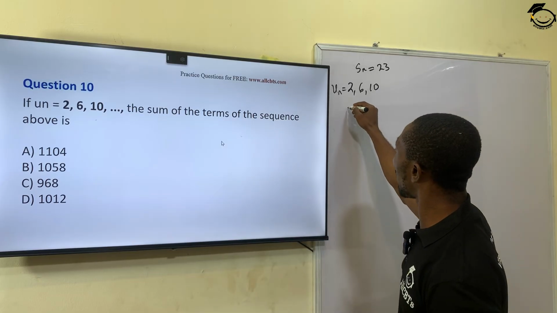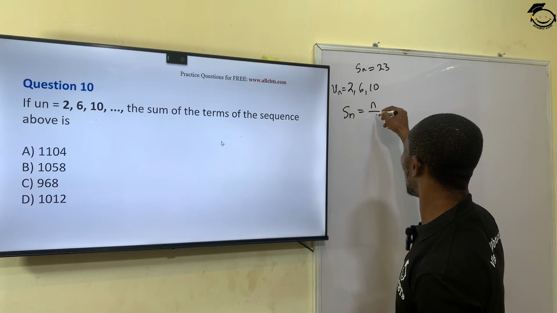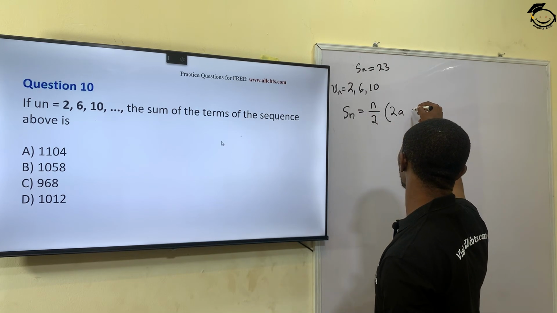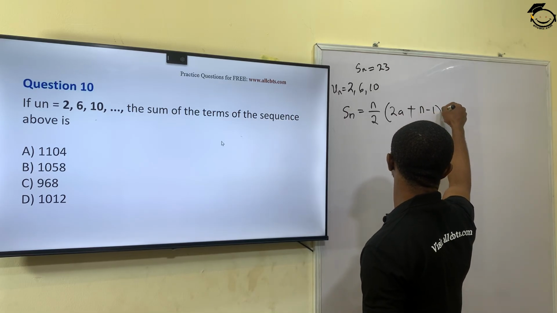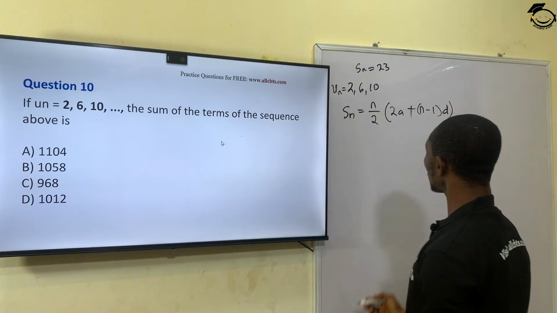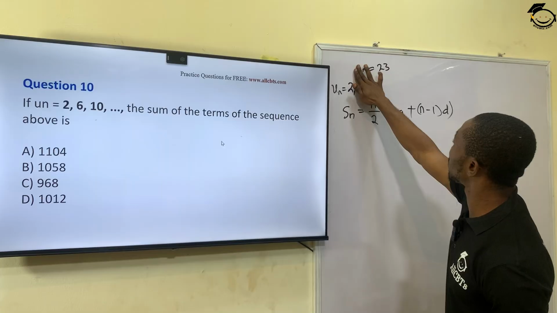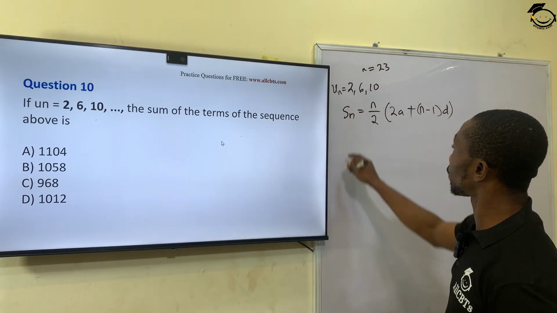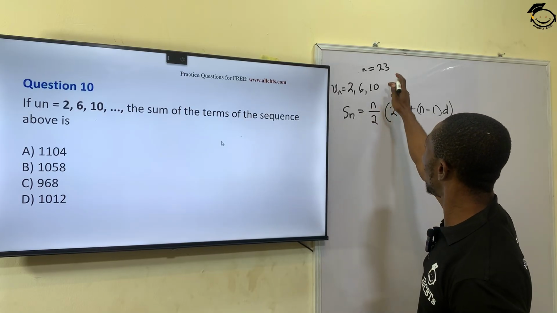So we're using the formula, the sum of terms Sn equals n over 2 bracket 2a plus n minus 1 d, where the number of terms in the sequence is 23. So for us to find the sum of terms, we'll be having n as 23.